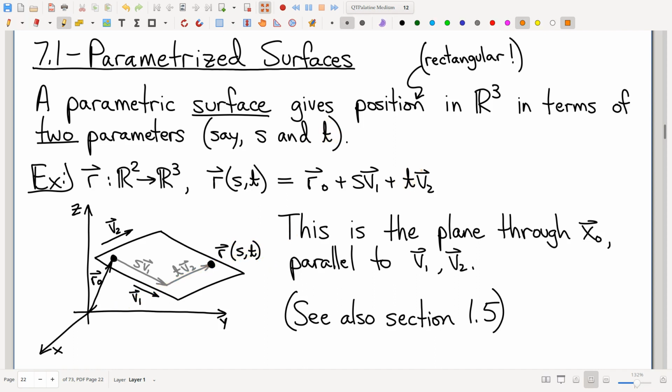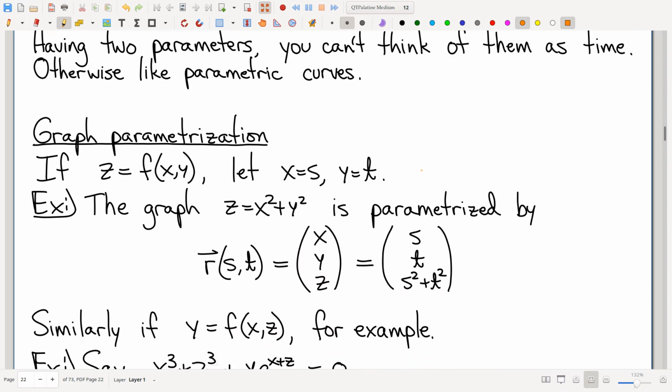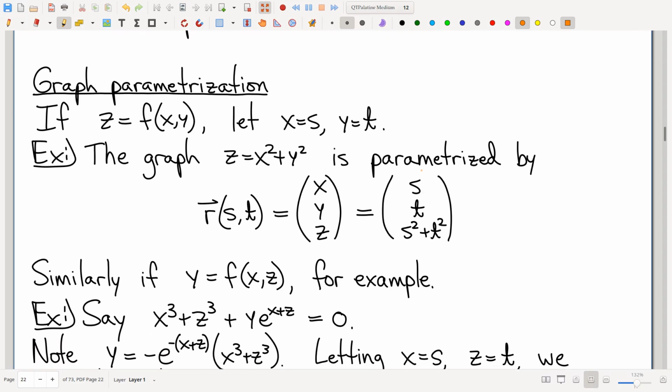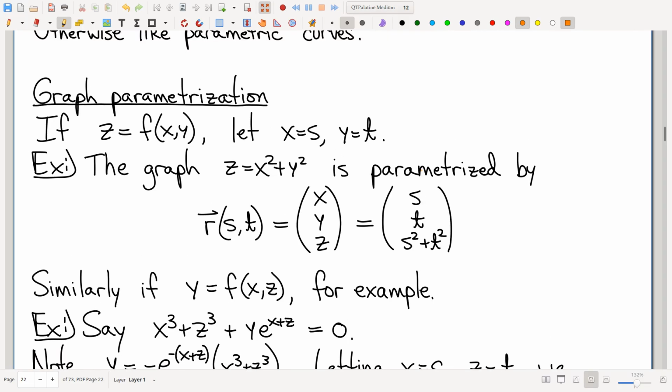Okay, so we're just going to see some more examples. Here's my favorite, graph parameterization. You remember this is also my favorite curve parameterization technique because it's so easy when it works, right? It's totally awesome. Likewise for surfaces. Anytime you have a graph, notice this equation is a graph. We've got z as a function of x and y.